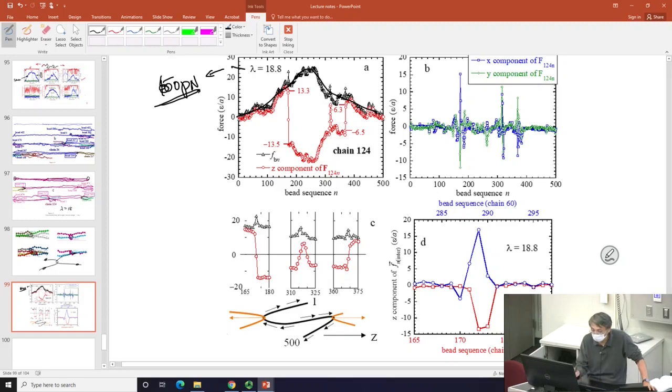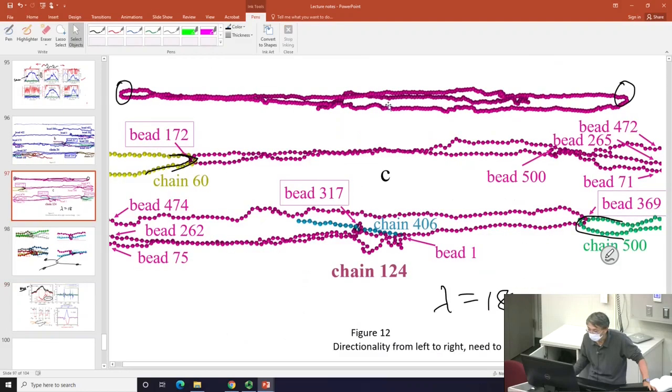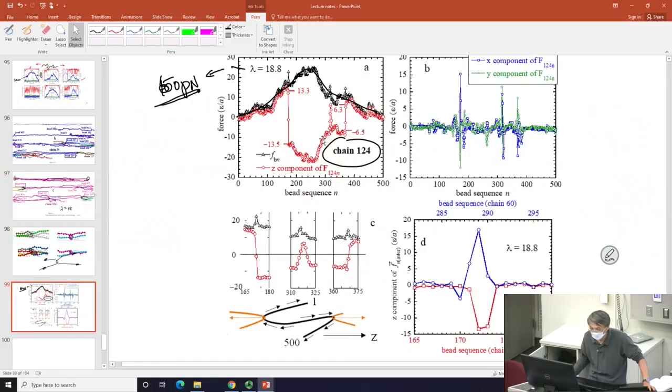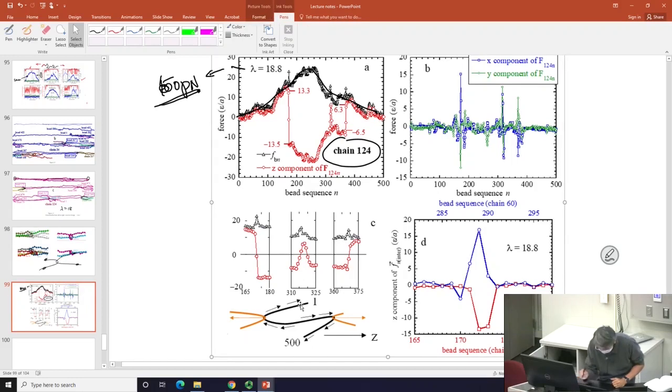It turns out this chain 124 is this chain that I described to you, this one that has two loops there. So what Yexing did was he calculated, so you have this chain, basically it's this chain. He calculated all the forces from other chains that are acting on this chain, okay?